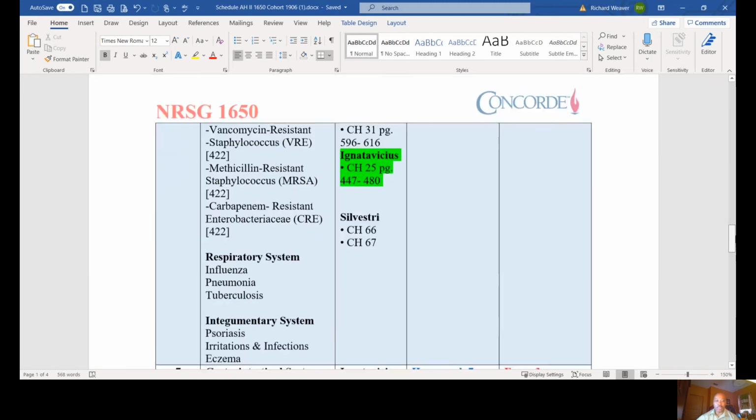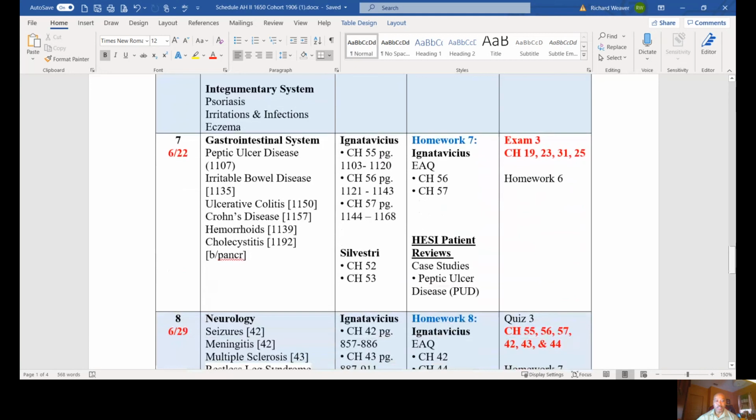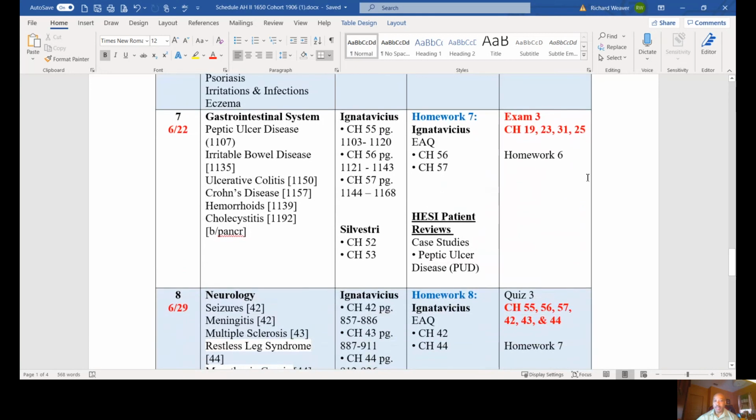And so as you continue to scroll down, for the seventh week, we'll be looking at exam 3, and that's chapters 19, 20, 3, 31. I don't know why I have 25 here. I'm pretty sure I moved 25 to the previous week. So I'm going to take that out here.